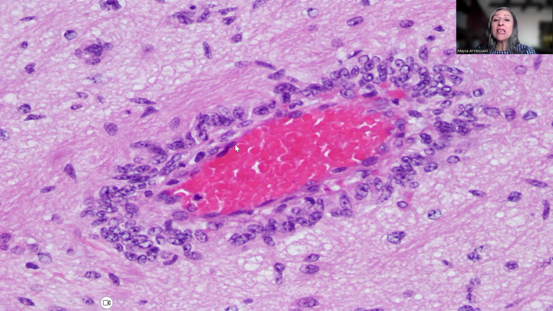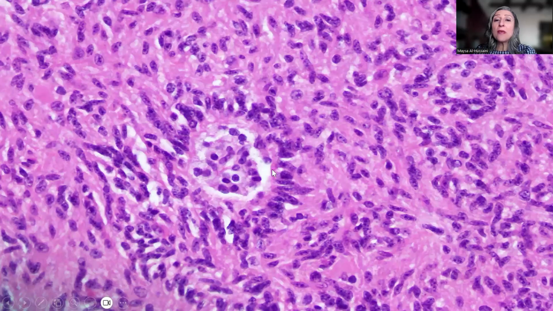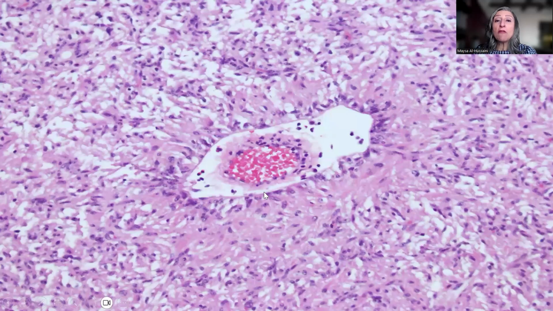Now mind here that in contrast to the pseudorosettes of ependymomas, there is no clear nuclear-free acellular zone that separates the tumor cell nuclei from the vessels. This is a very important subtle clue because the tumor cells appear to directly hug the vessels, causing these vessels to become very prominent.